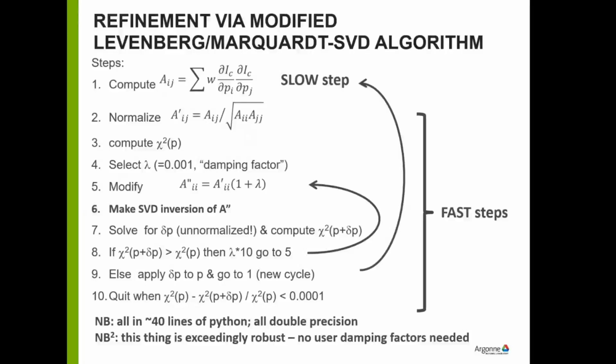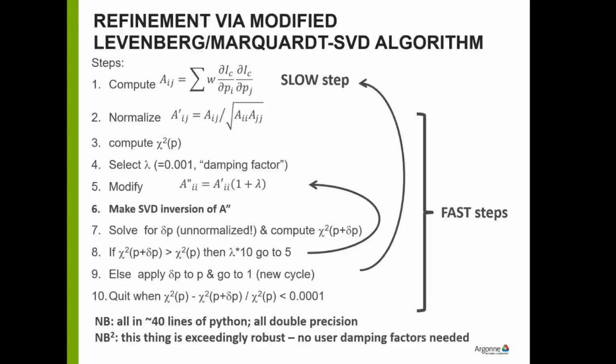The inversion, the solution of this, is given here. It's a so-called Levenberg-Marquardt algorithm with a little wrinkle for singular value decomposition built into the middle of it. The algorithm is basically this: you compute the matrix, you normalize it, and the reason you do this normalization is because the range of values inside this matrix could cover 16 or 20 orders of magnitude for powder diffraction.